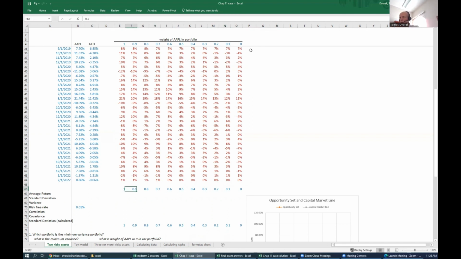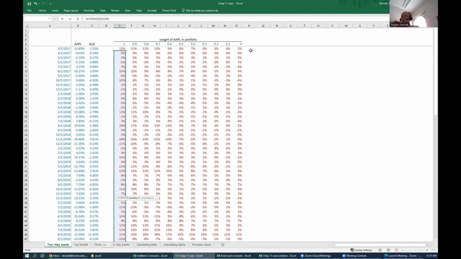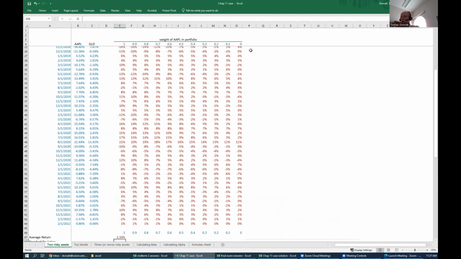Here we're just repeating the weights. And so what can we do now? Now we can calculate average return and standard deviation. So we're going to do average, and I'll hit the tab key, and we can highlight all of these cells from E5 to E64.